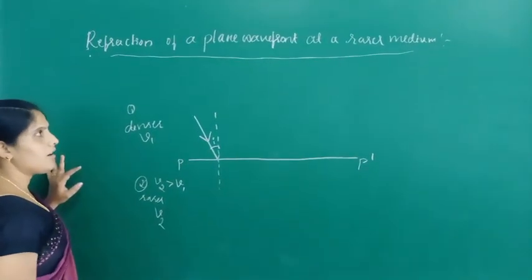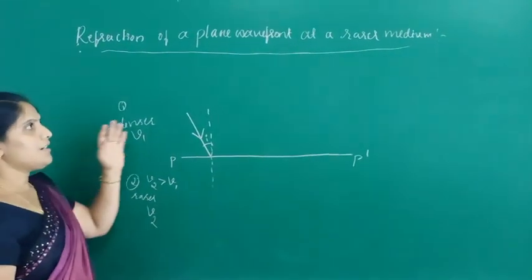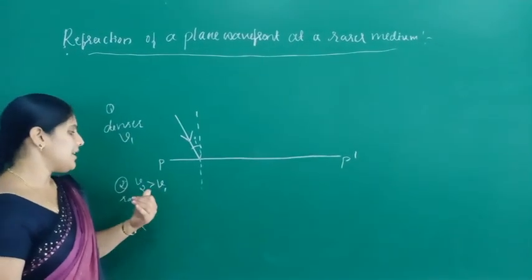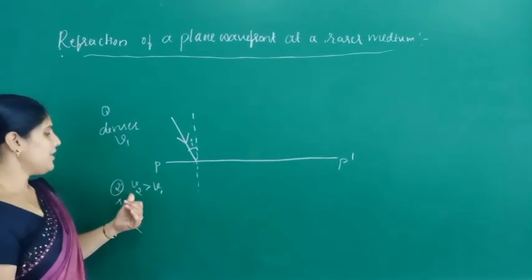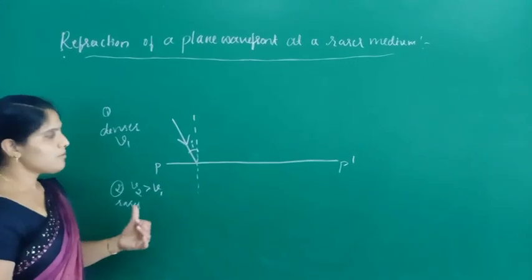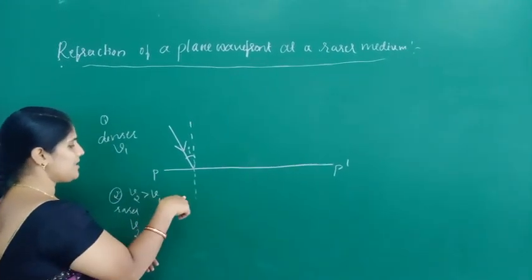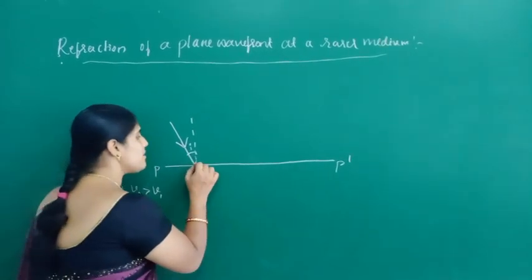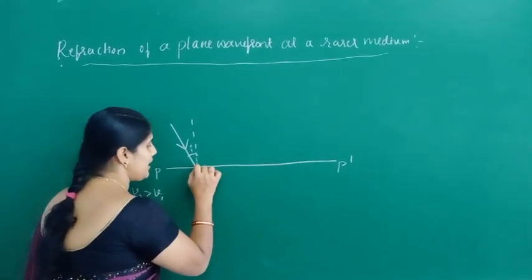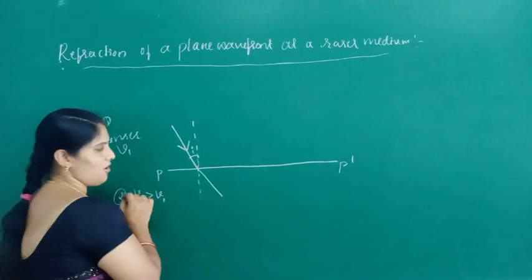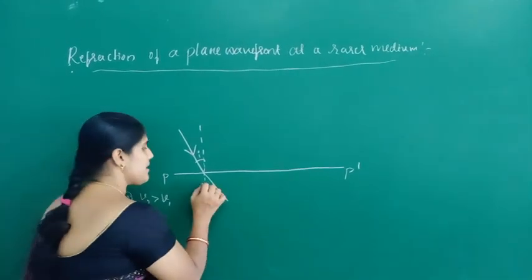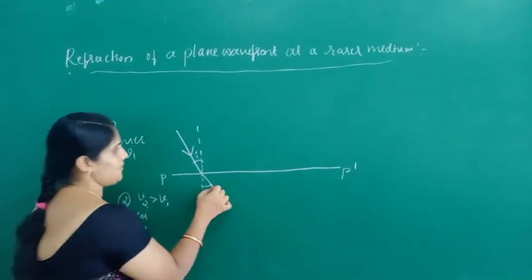In the refraction of a plane wave at a denser medium, v1 is greater than v2. But here v2 is greater than v1. So its velocity increases. As a result, the refracted ray bends away from the normal. Okay, so this is the angle of refraction.